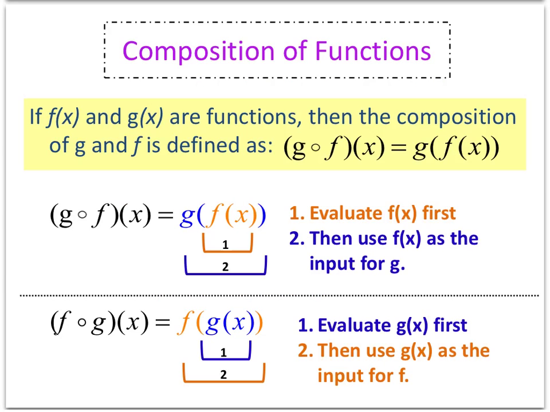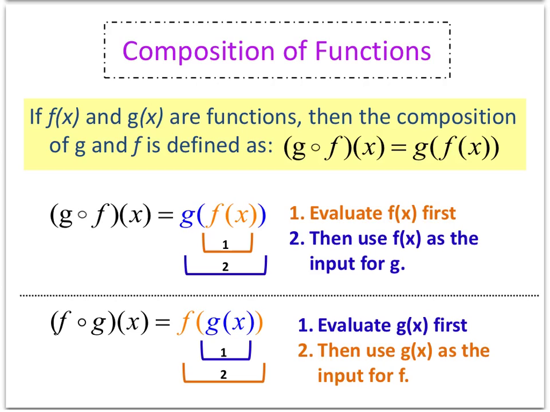The idea of composing functions is really just taking one function and plugging it into the other function everywhere I see the variable x. Now the way we would pronounce this notation, we can say g of f of x, or we can say g is composed of f of x.